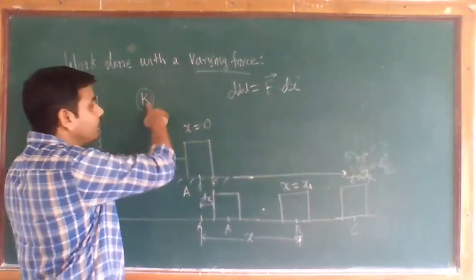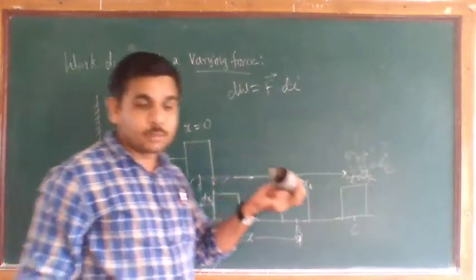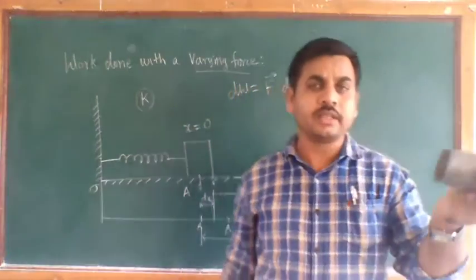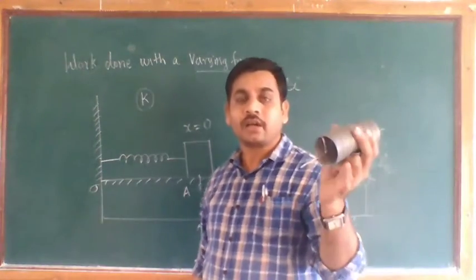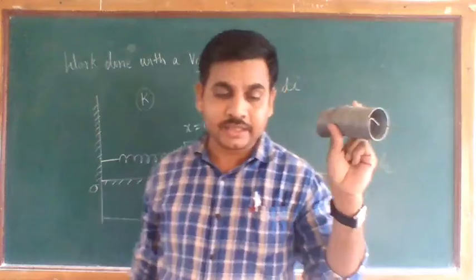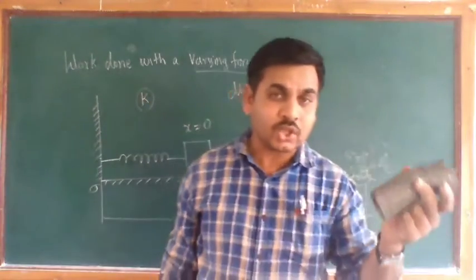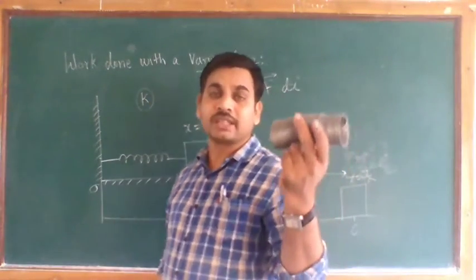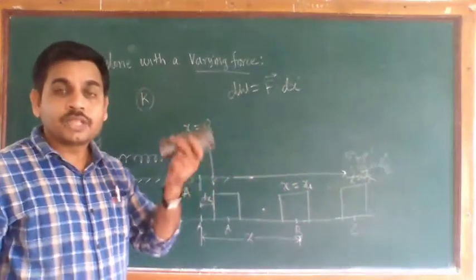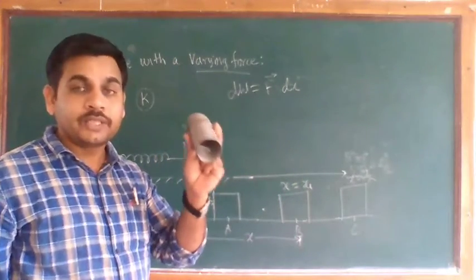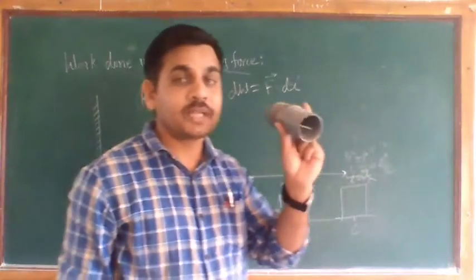At the beginning we can see the spring constant K. If K is the spring constant, then the force on that block is K times the elongation of the spring.